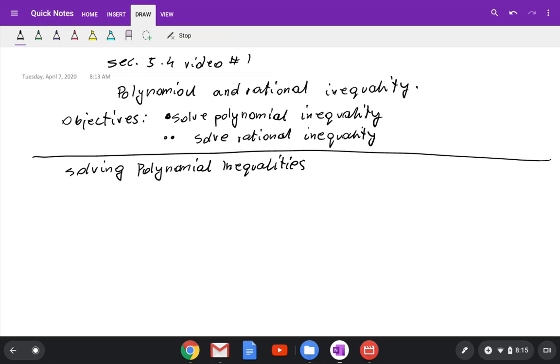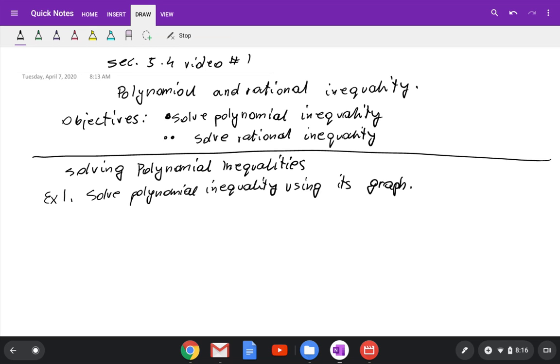And example 1, solve polynomial inequality using its graph.